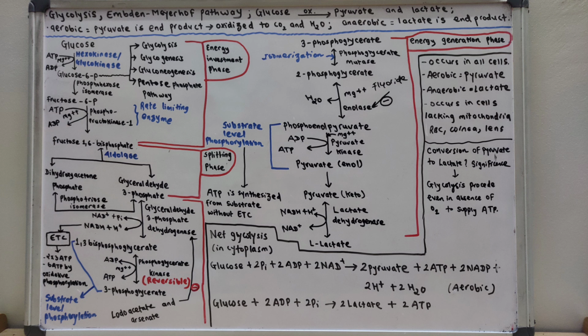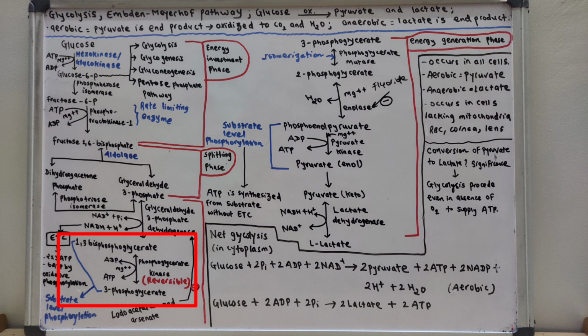Now let us move towards the another step of the energy generation phase, that is the enzyme phosphoglycerate kinase acts on 1,3 bisphosphoglycerate, resulting in the synthesis of the ATP and formation of the 3-phosphoglycerate. You should know that this step is the good example of the substrate level phosphorylation.